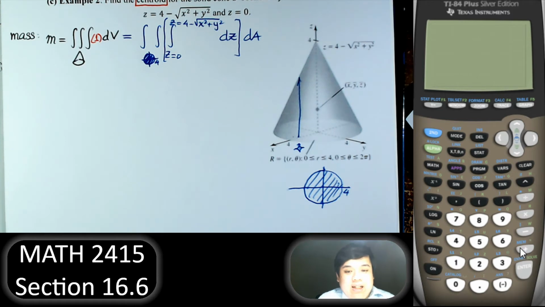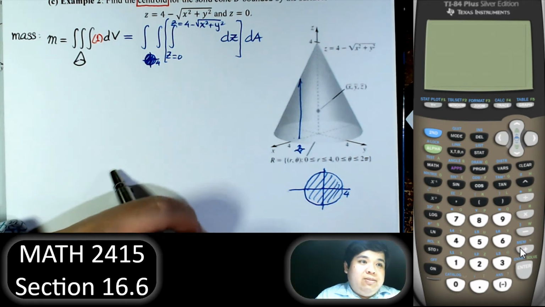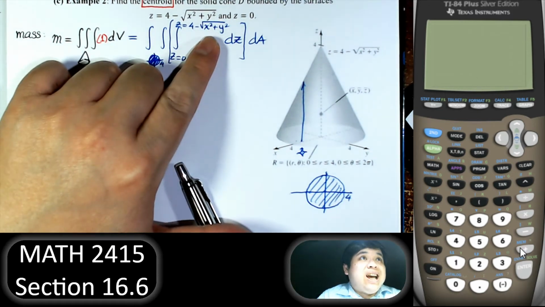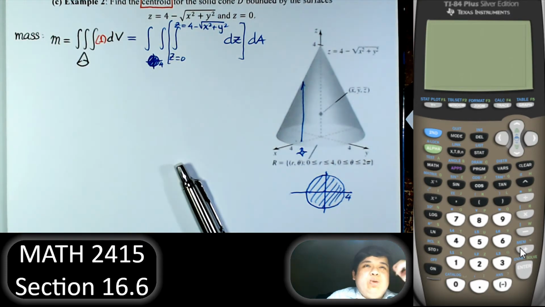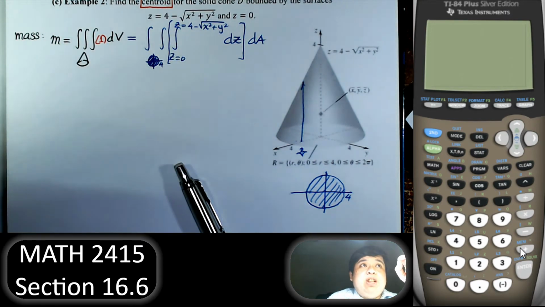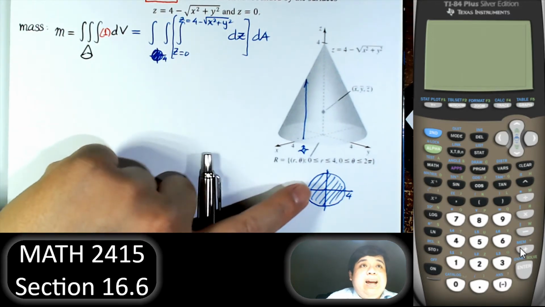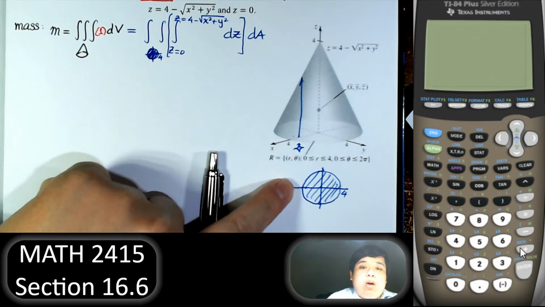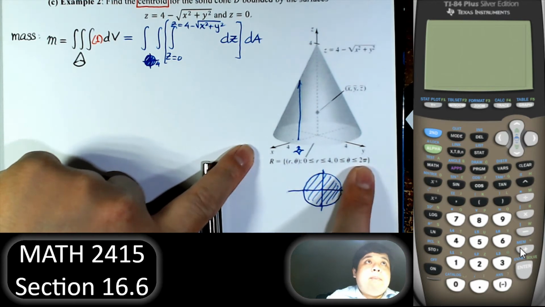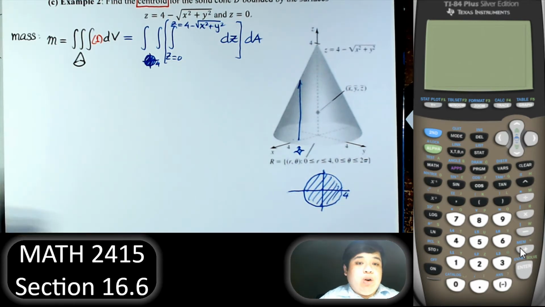However, this is a disk, and the function here is x squared plus y squared. So this is much easier if we convert everything to polar. So that is just r squared, and the limit for that in polar is just this. So this one is a lot better if we convert to polar.